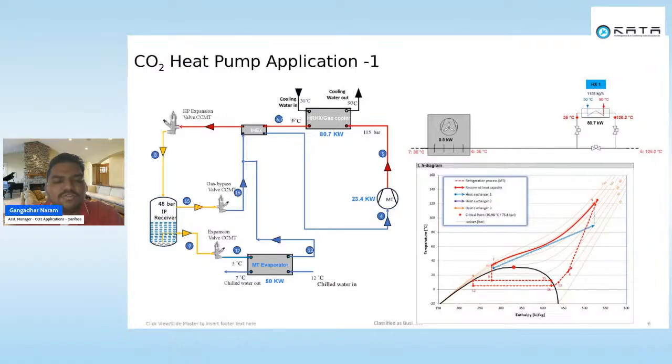So with 5 degree saturation temperature, where we have the evaporator maintaining it, if the customer is requesting air conditioning also, then I can get 7 degrees chilled water temperature from my heat exchanger. This 7 degrees chilled water temperature, I can utilize for my air conditioning.